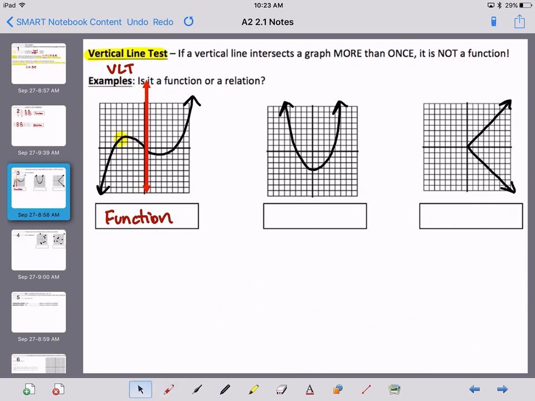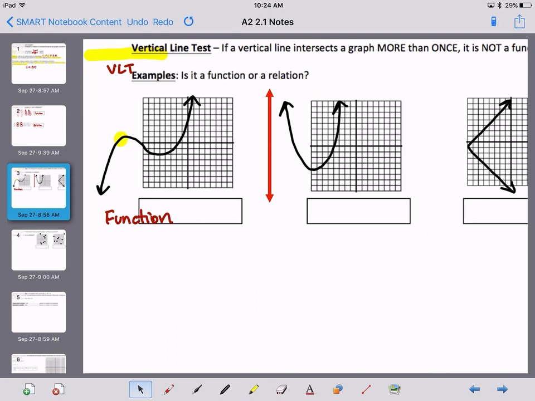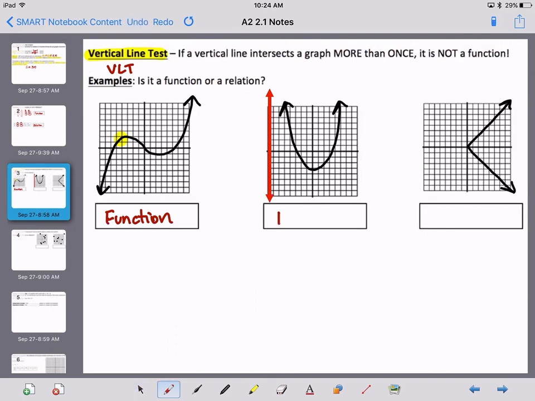Let's try it on this second graph. If we pass our vertical line along this graph, notice it's only touching at one spot anywhere on that graph. So again, we can say that this is a function. Now lastly, if we take our vertical line and pass it along this graph, notice that as I'm passing it along, it's not just crossing in one spot because it's crossing right here and it's crossing right here.